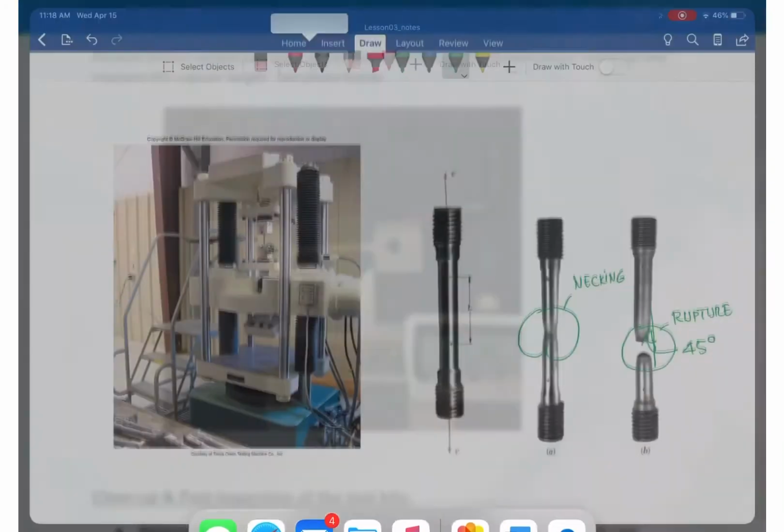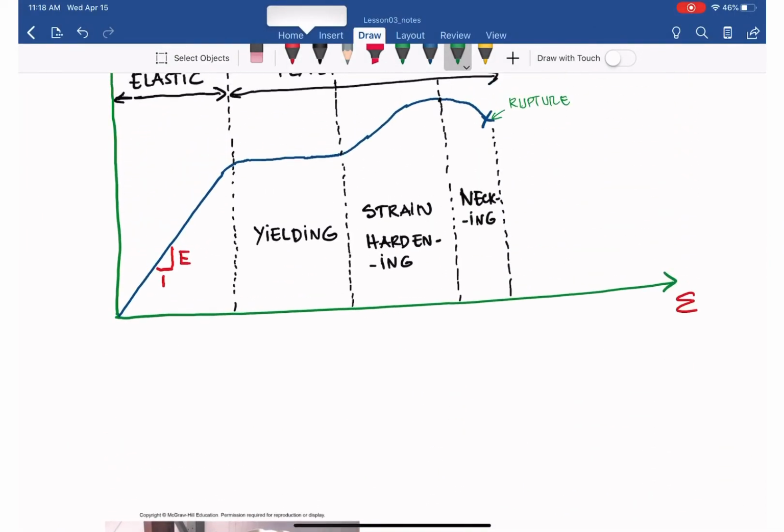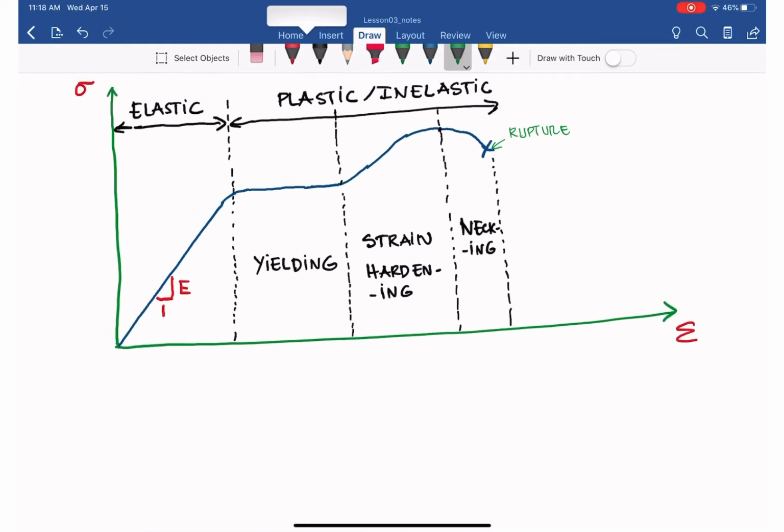Let's get back to the class here. So that is necking, and that represents this. So let's look at a few more behaviors for that material. When it starts yielding, you can see the bonds between the molecules start breaking. And the molecules realign for the yielding, right?